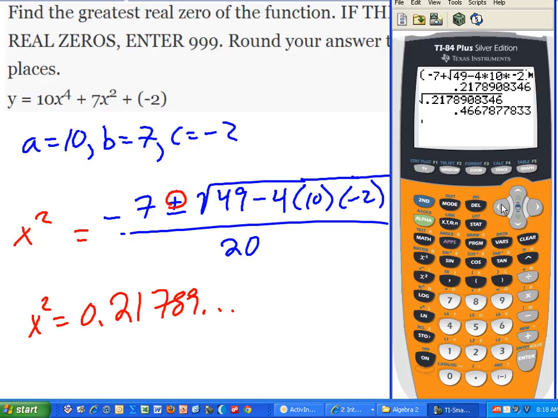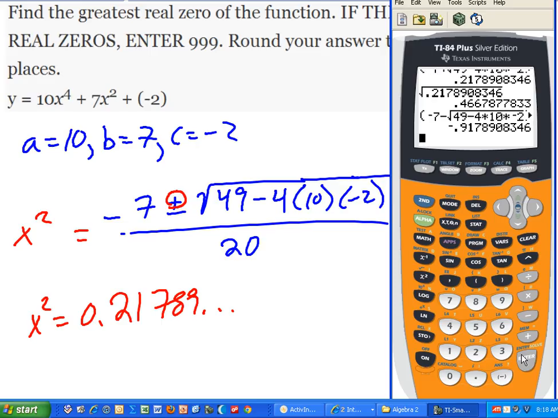And my other answer is negative. So if I square root it, am I going to get a real answer? No. So this is my answer. Actually, that's my answer right there, isn't it? 0.4. We want it how many places? 3. So it'd be 0.467. Okay. Make sense?